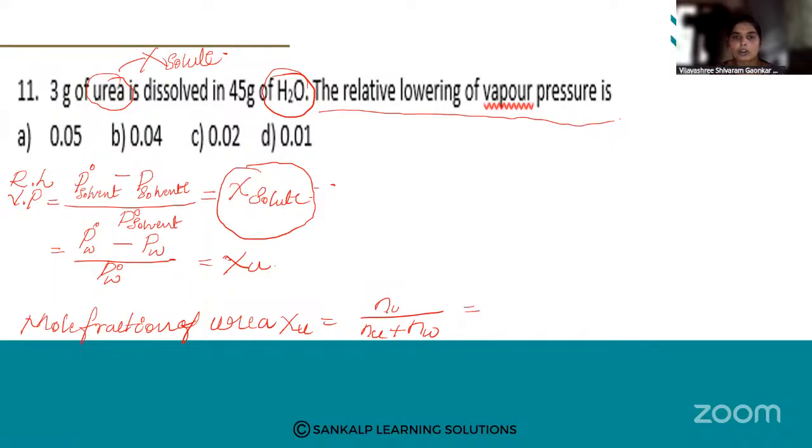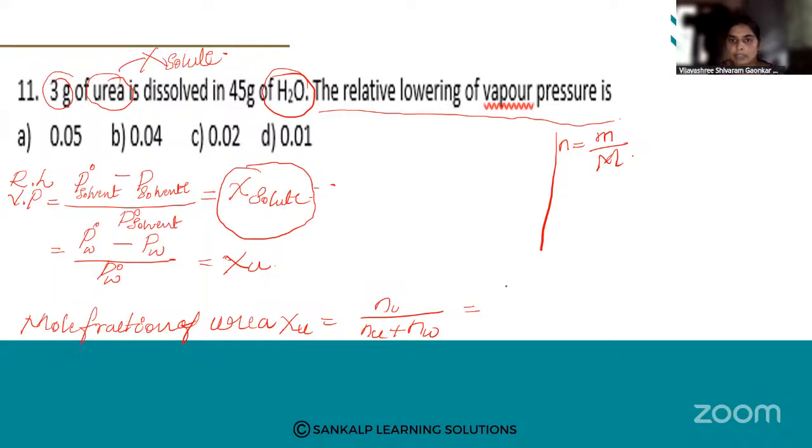Now see, how many grams of urea are given? 3 grams of urea are given, right? Number of moles of urea. What is the formula for number of moles? Number of moles is equal to given mass divided by molar mass. Correct?